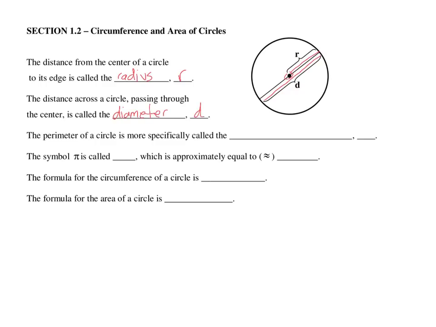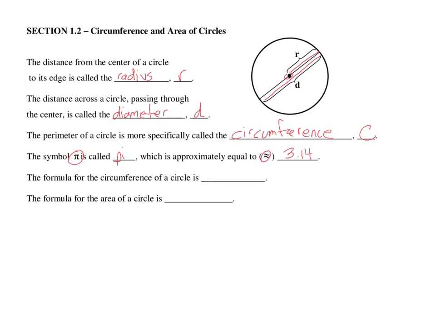The variable for diameter is d, and the perimeter of a circle is more specifically called the circumference, c. Now, this symbol is called pi, which is approximately equal to 3.14, and there's the approximation symbol.